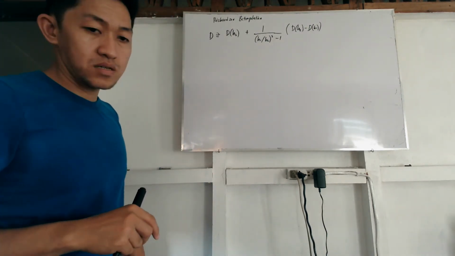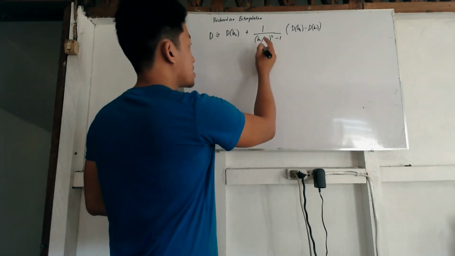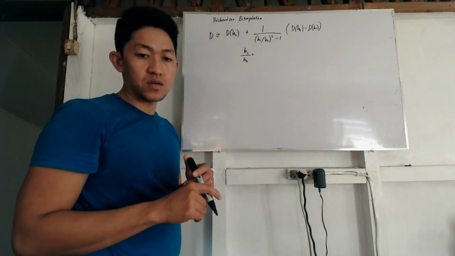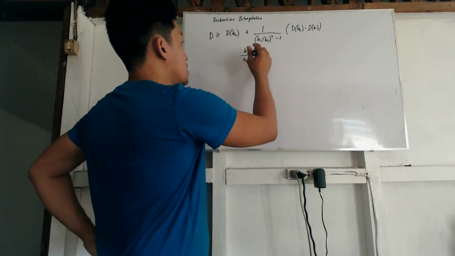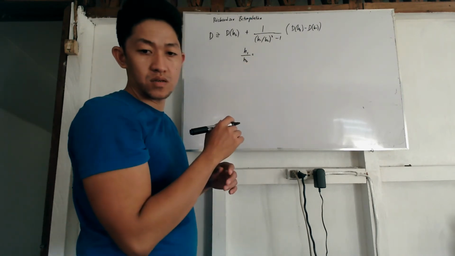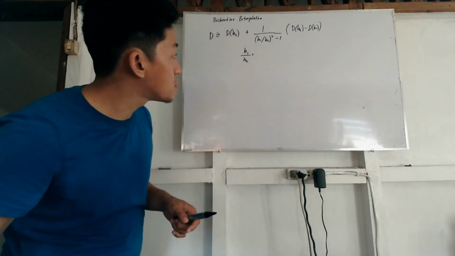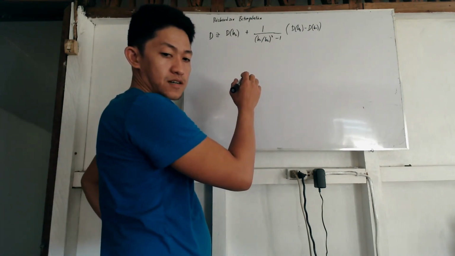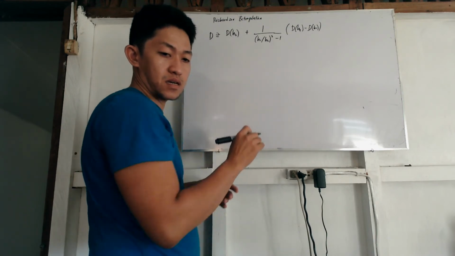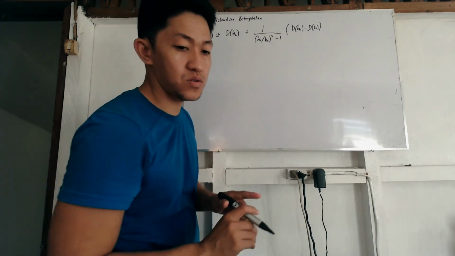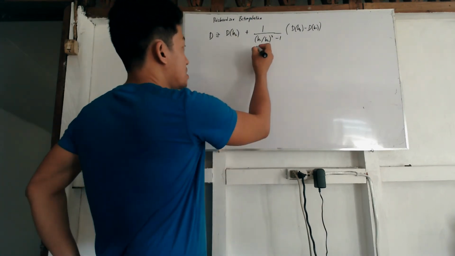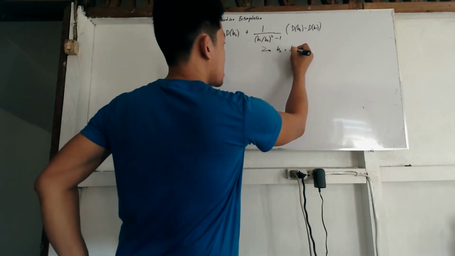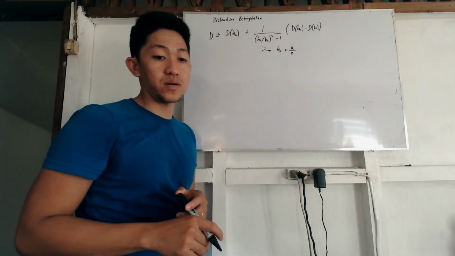And usually, the ratio between h1 and h2, okay, so by convention the ratio between these two, h2 is 1/2 of h1.